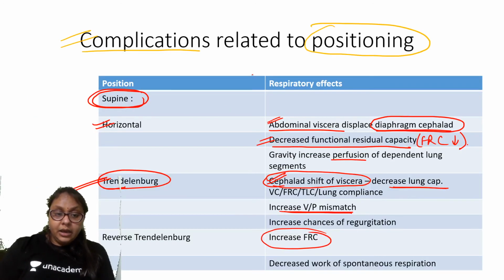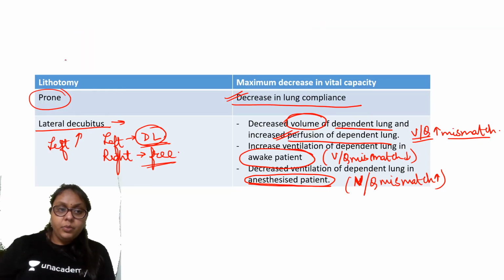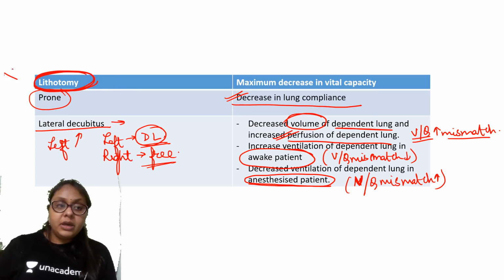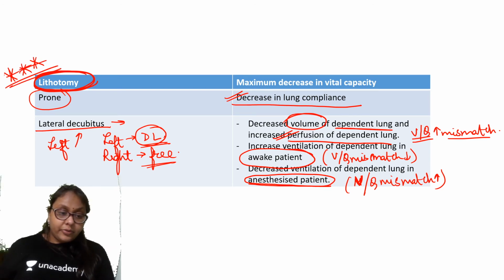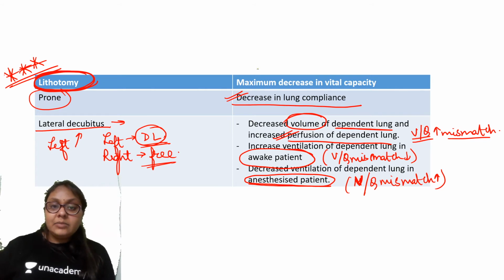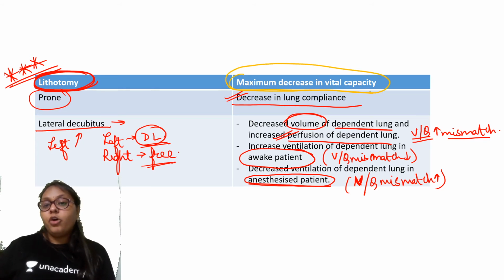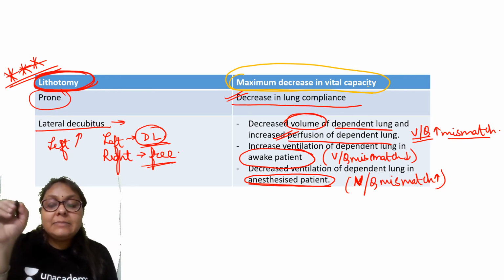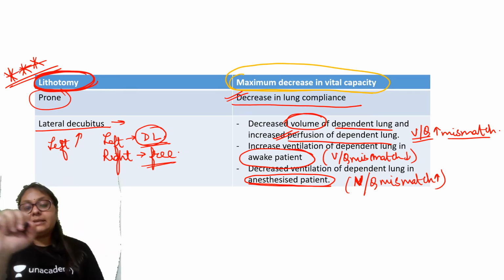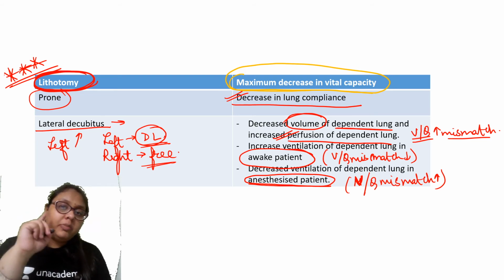Remember one more thing I forgot. Whenever the patient is in the lithotomy position, I'm so sorry, remember it is a very important point. The question is asked, of all the positions, maximum decrease in vital capacity is seen with lithotomy position.